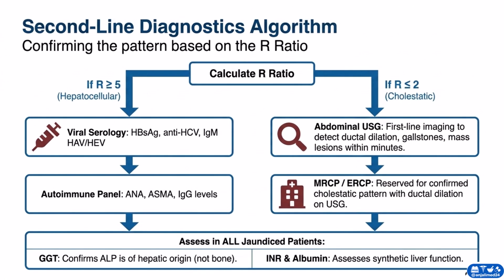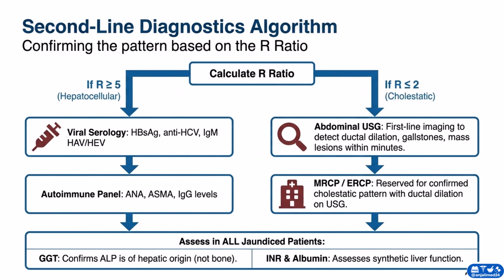Once you have calculated the R ratio, the next step becomes much more straightforward because the pattern tells you which investigation to order. If the R ratio is 5 or greater, the injury is hepatocellular. Your focus should be on identifying the diseases that directly damage the liver cells.